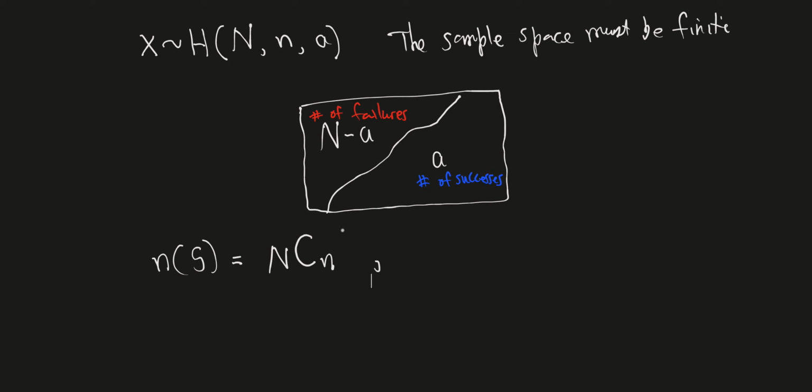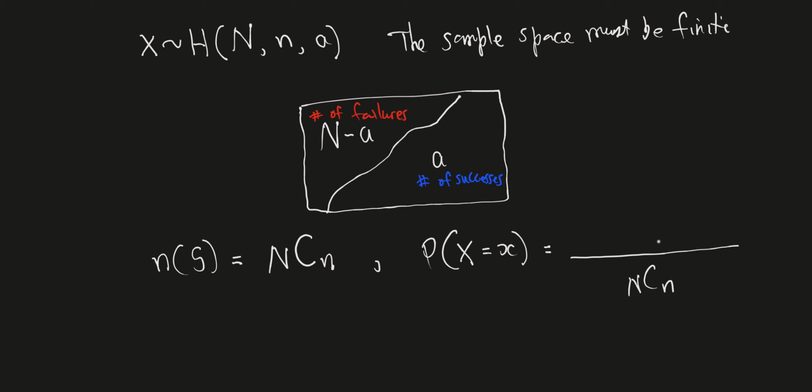Well, the probability that my random variable will be equal to a specific number, then it means I'd have to figure out the number of ways that I could get x successes out of this divided by this, right? So I know in my denominator I'm going to have my big N choose little n.